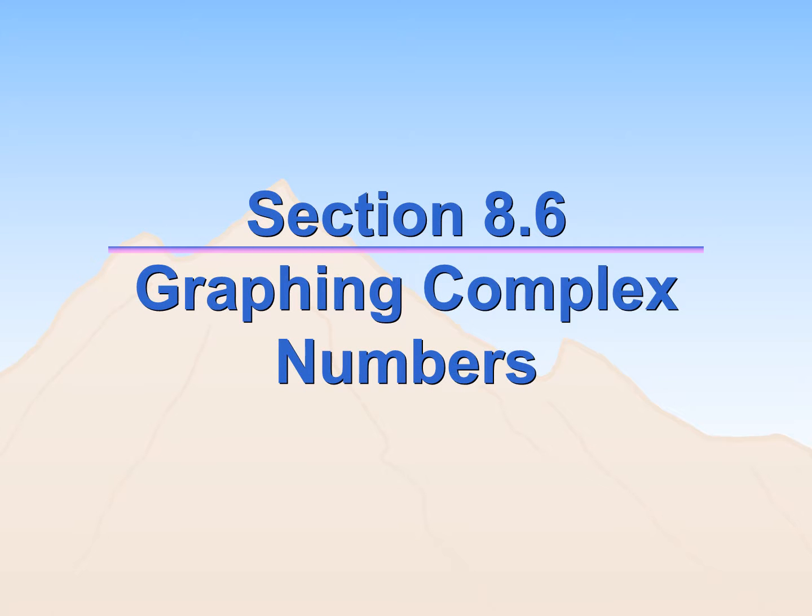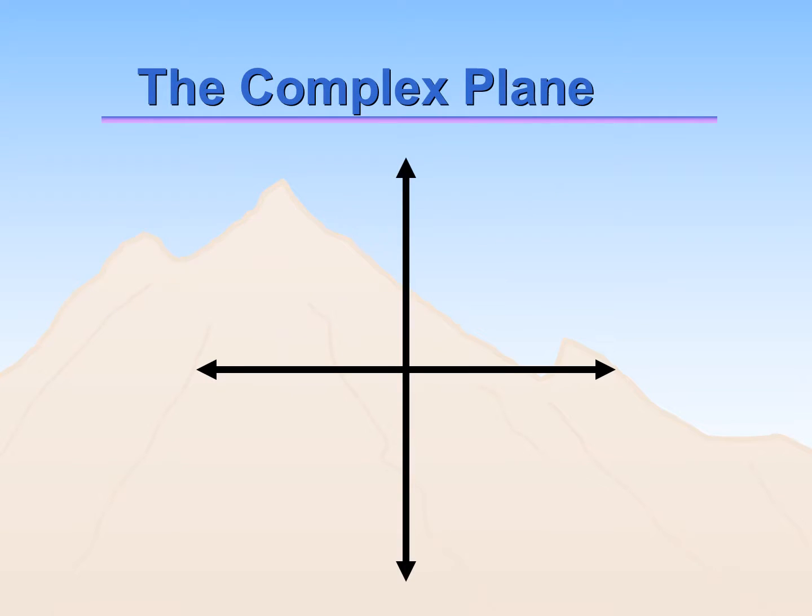Numbers for a while, we're going to look at how to graph a complex number on a plane. The complex plane is very similar to the coordinate plane that we've been working with.